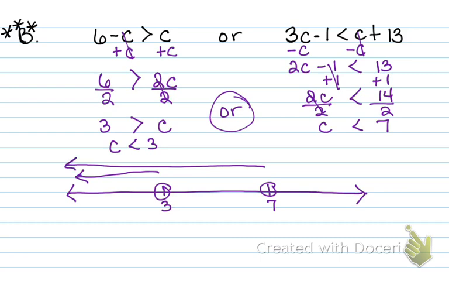And because it's an OR statement, we don't have to just shade in where they overlap. That would just be an AND statement. We actually can shade in all of this. And because 3 is included in that, we can make it solid now. It's actually included in our choices because it's an OR statement. We could pick 3 and it would meet the criteria of being less than 7.